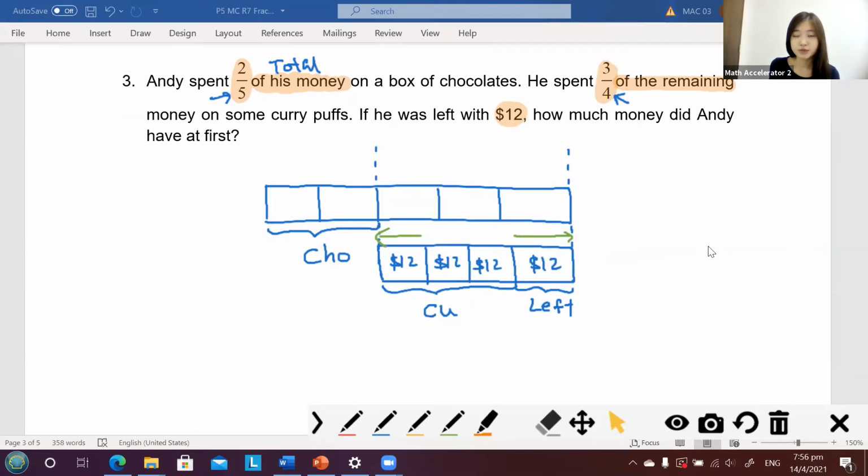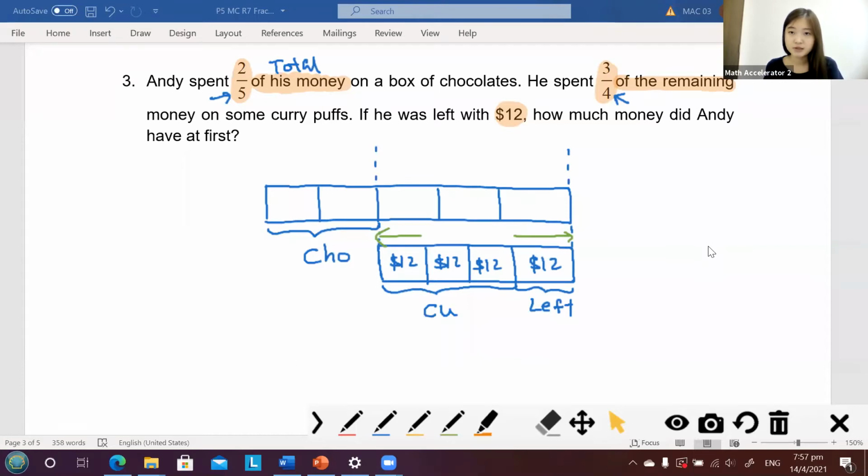So finish up the question and select your answer in the poll. If you're not sure, you can refer back to question 1 and 2. They are the same type of questions, so you should be able to apply it if you understand question 1 and 2.